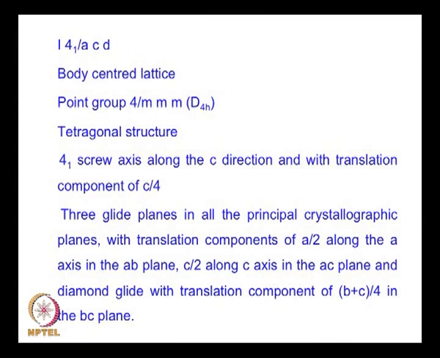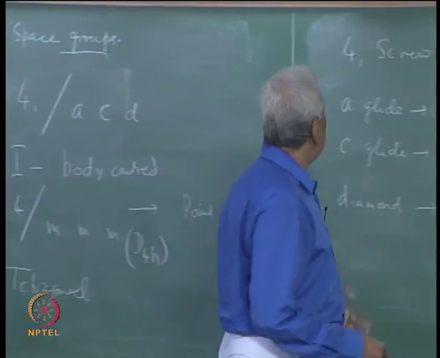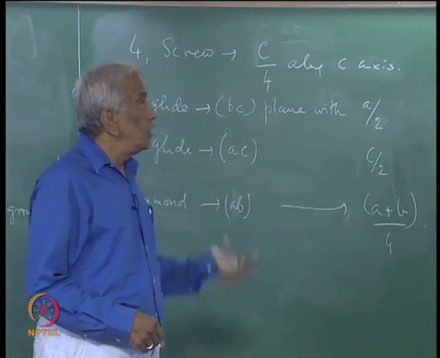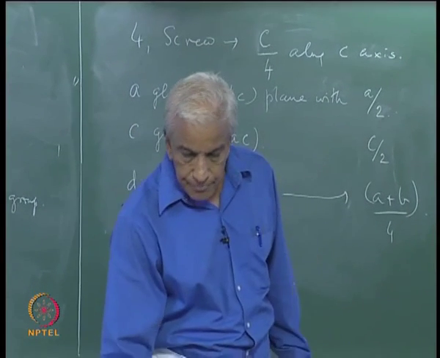So, this again is c/2, and we have also a diamond glide in the bc. So, there are 3 glide planes in all the principal crystallographic planes with translation components of a/2, c/2 and a plus b by 4 respectively.